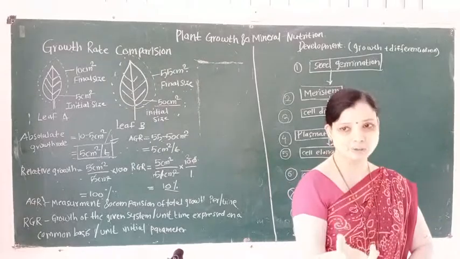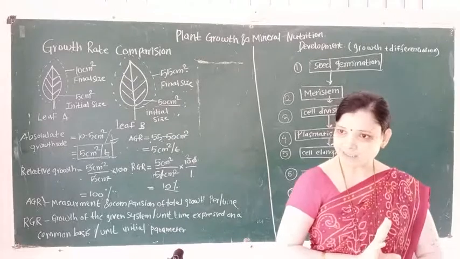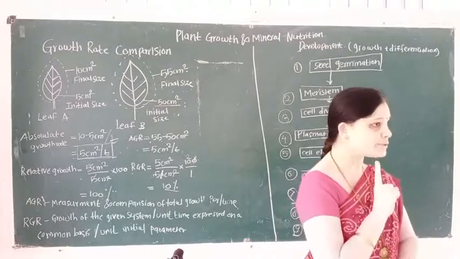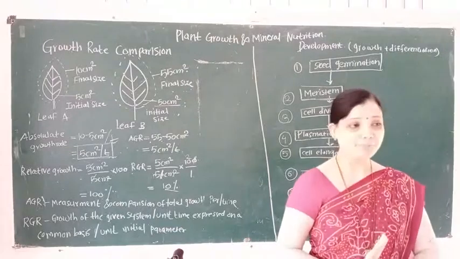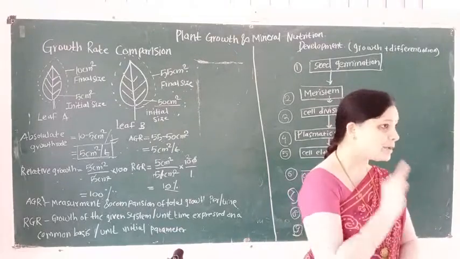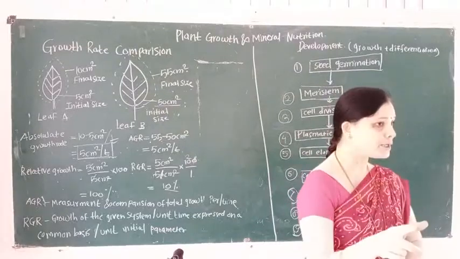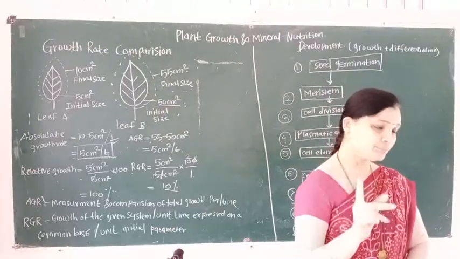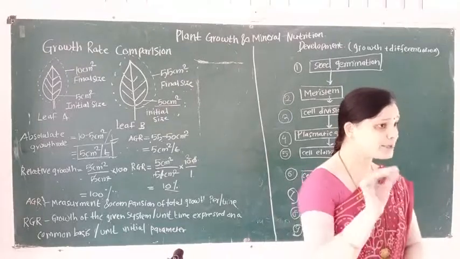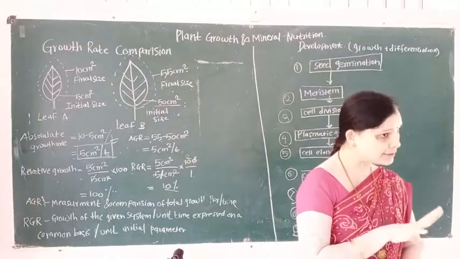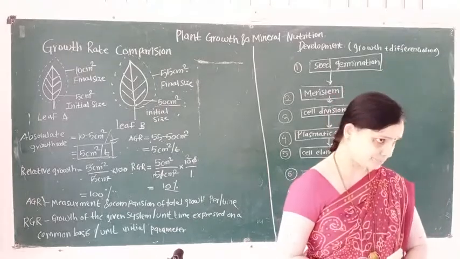In plants, two types of tissues are present. The first type is meristematic tissue and the second type is permanent tissue. Meristematic tissues are immature and permanent tissues are mature. Meristematic tissues are always living, but some permanent tissues are living and some are dead.